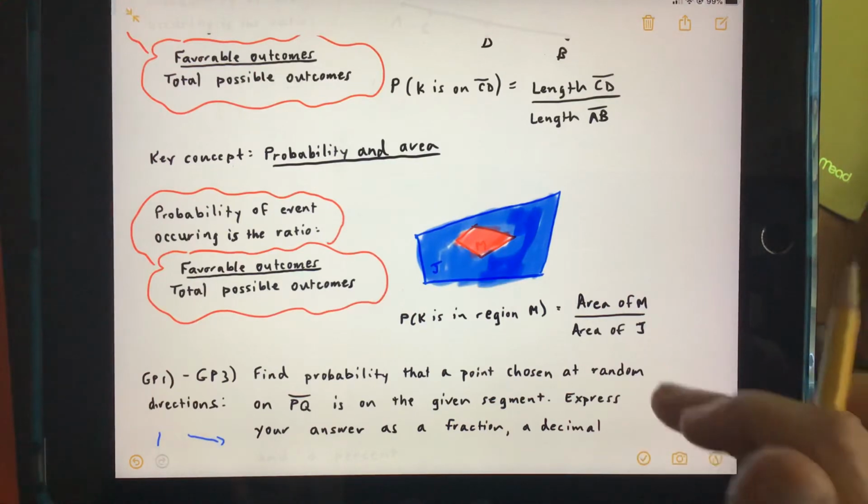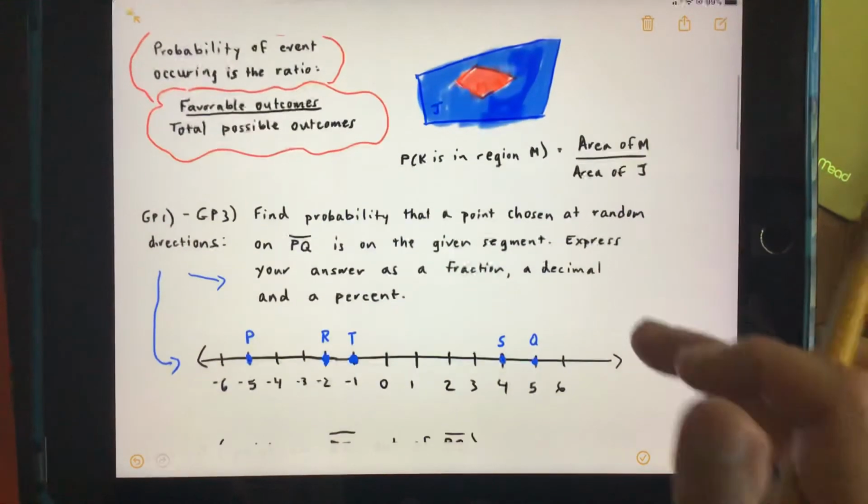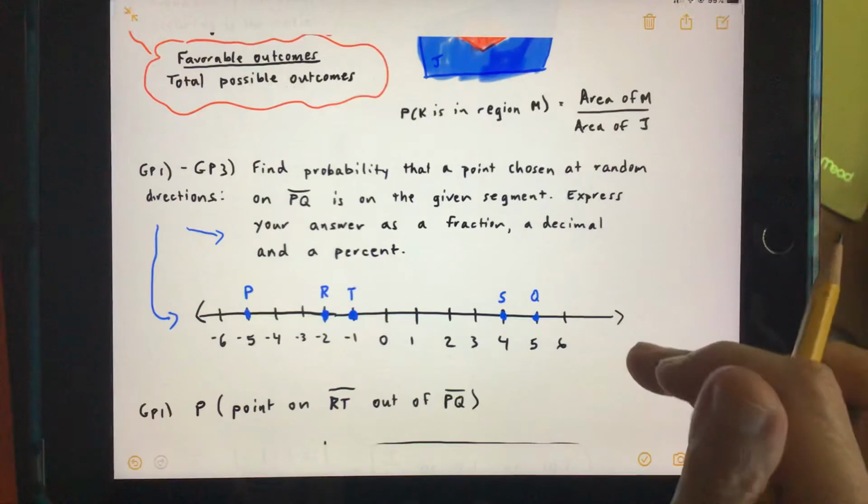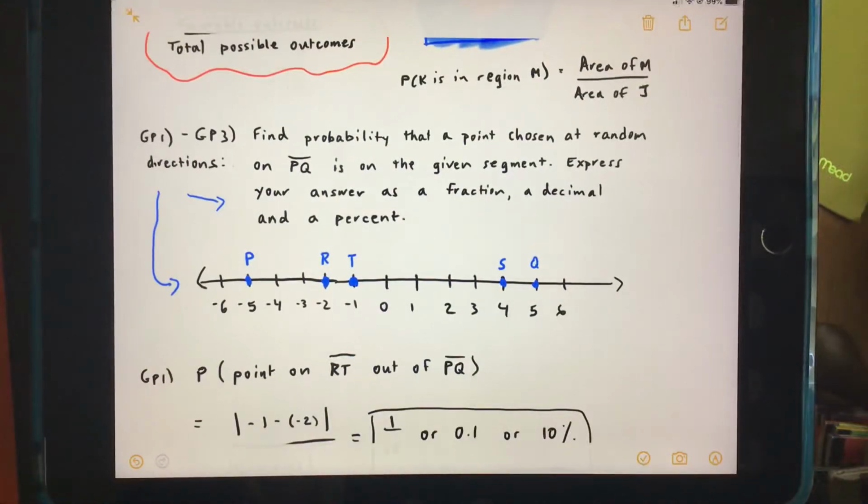So let's put this into action now. Guided practice 1 through 3. We'll have you practice figuring out the probability of a point being chosen at random on a number line. You're looking at a particular area of the number line where you want the point to be, and determining the likelihood of it actually being there when the random point could be picked from a larger segment of that number line.